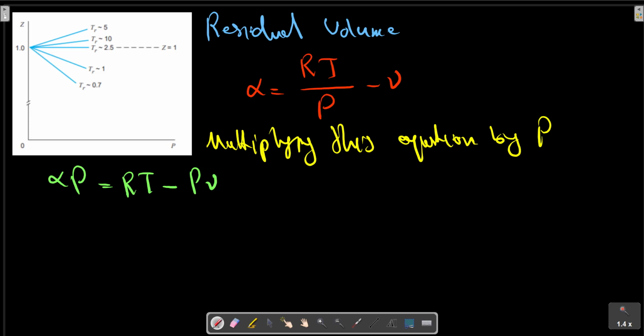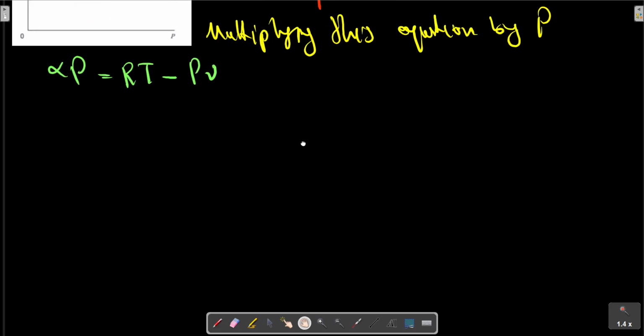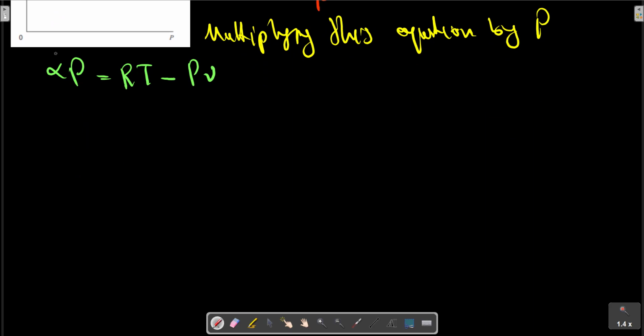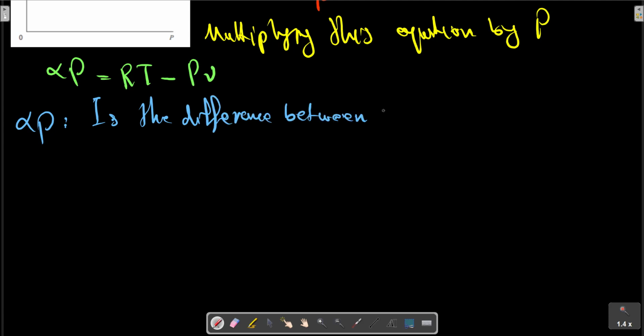Thus, the quantity alpha P is the difference between RT from the ideal gas and the real PV.